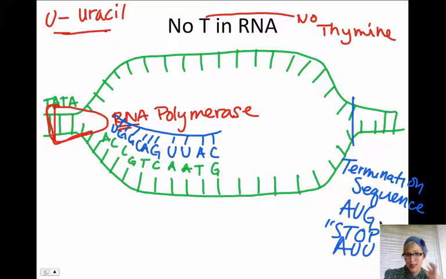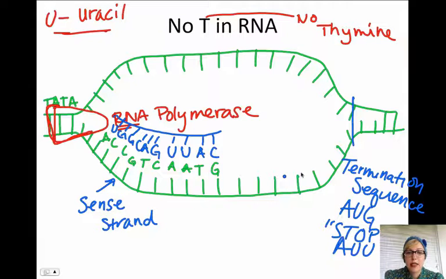So we have our promoter region, we copy this, called the sense strand, the strand that we're copying. We're copying the sense strand and we're transcribing it into RNA, or mRNA, and we keep going until we hit a termination sequence.